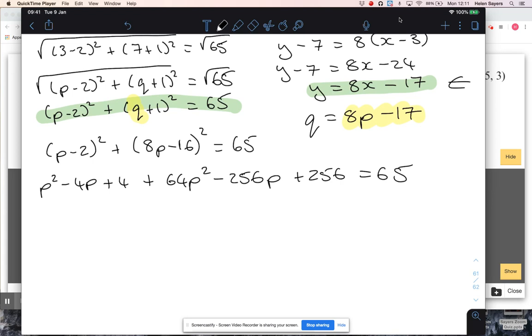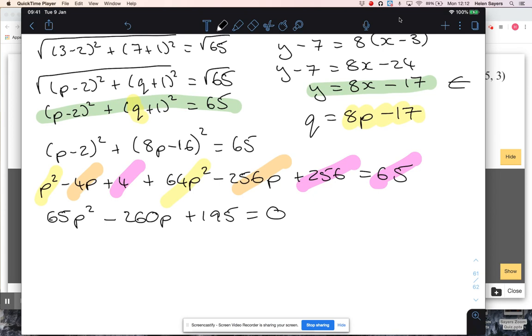Okay, so now I've got a quadratic in P. I've just collected my P squared terms together. Then I've got minus 4P minus 256P, so minus 260P, and then I've got 256 plus 4, so 260, minus 65, so plus 195.